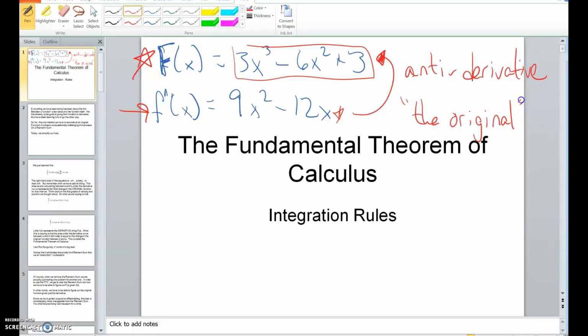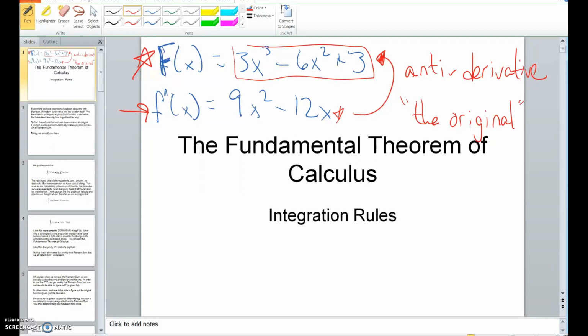So if we are given a derivative and we work backwards to find the function for which the given function is the derivative, that is the antiderivative of little f. So the antiderivative of f prime is just f.